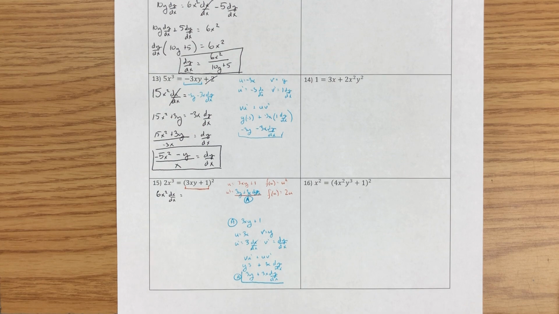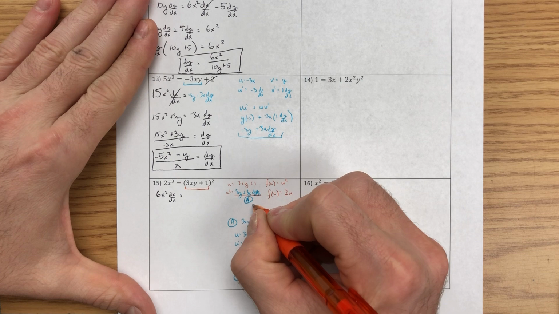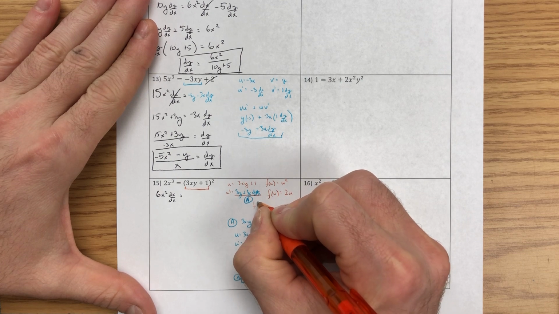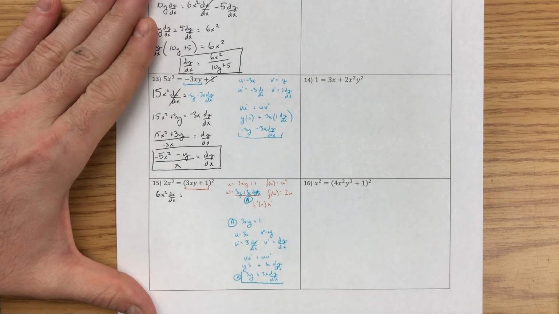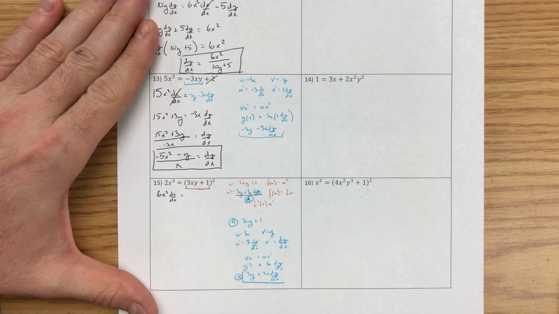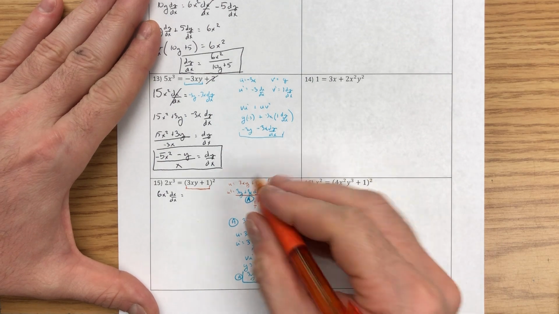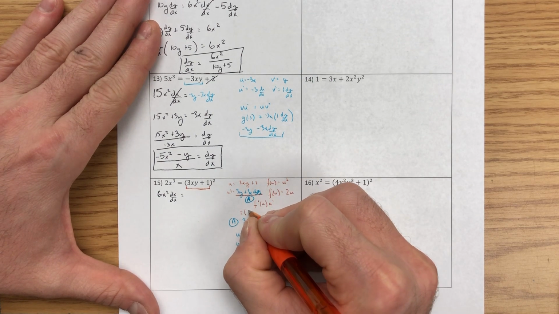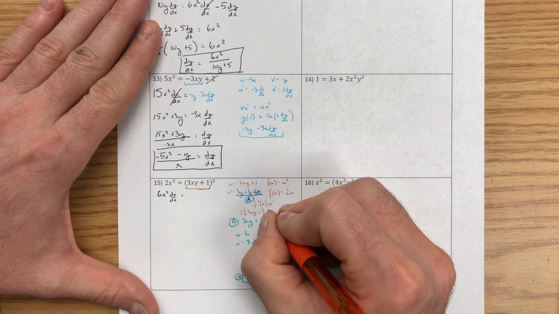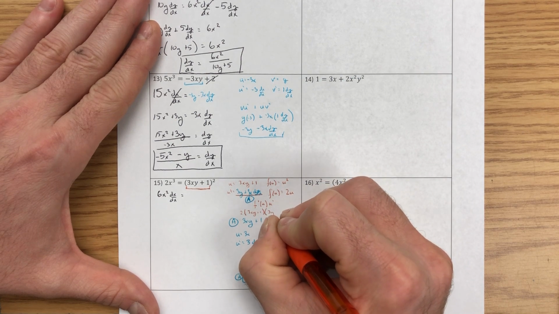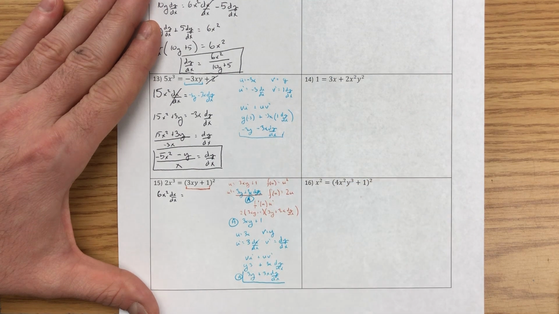Okay. So if I fill out this, that's going to be f prime of u times u prime. So my f prime of u is going to be 2 times 3xy plus 1 times u prime. So 3y plus 3x dy over dx.